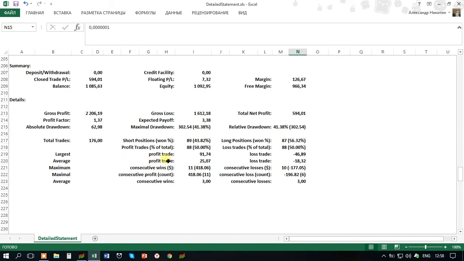Instead of average profit trade being 25, it will turn into let's say 20 or 19, and this loss trade instead of 18 will turn into maybe 21 or something like this. So the average risk to reward will be somewhere around 0.9.